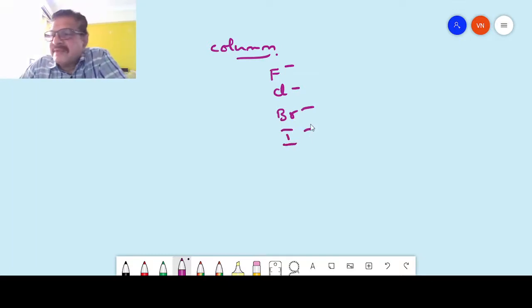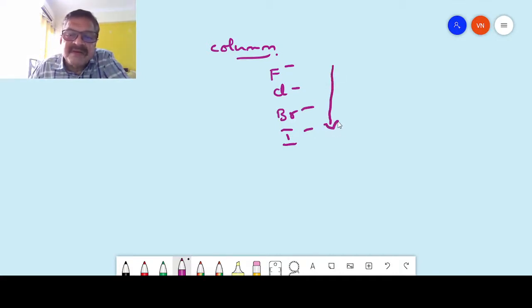Down a column of the periodic table, the basicity decreases. Therefore, the leaving group ability increases. So down a column like this, if you see, down a column of the periodic table, the basicity increases.